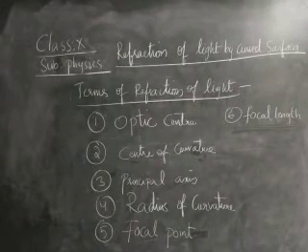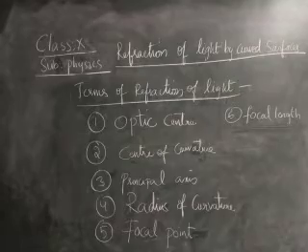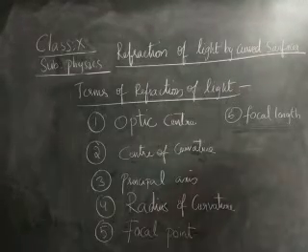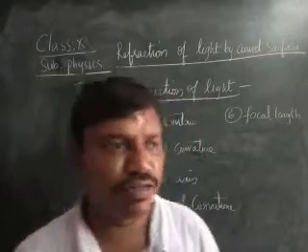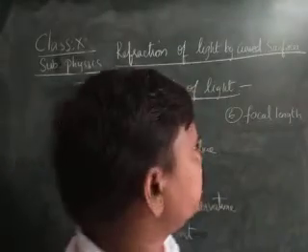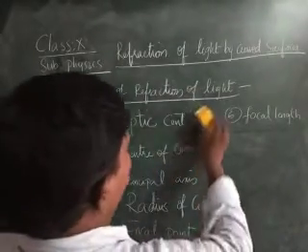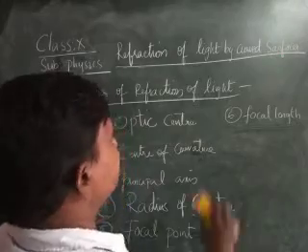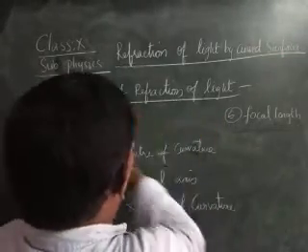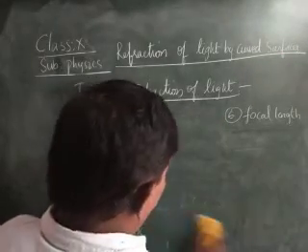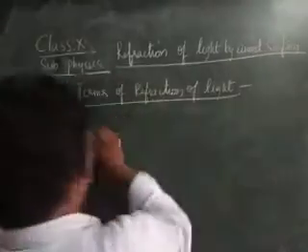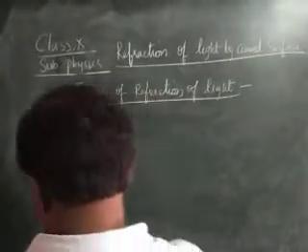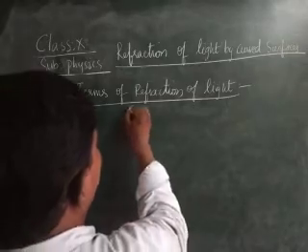Children, now see here, optic center is the center of the sphere of which the lens is a part. In the mirror we used pole, here we will write it as the center of the lens.